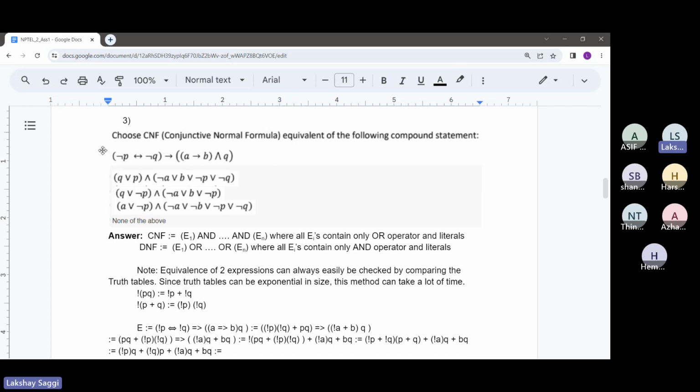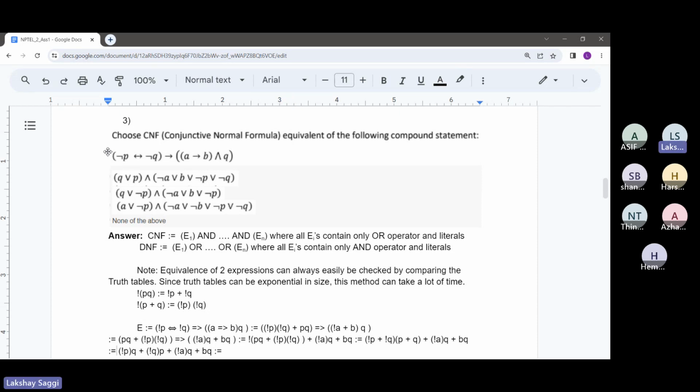In fact, one expression can have infinite CNF forms, because you can always add a tautology, and a tautology, and a tautology to some CNF form, and it will not change. So there can be a case that more than one of these forms is a CNF form. Like this is also a CNF form, this is a CNF form, this is a CNF form. So everything is possible.